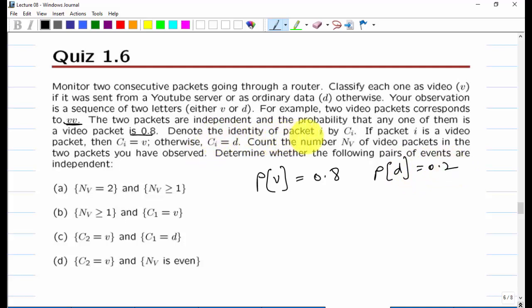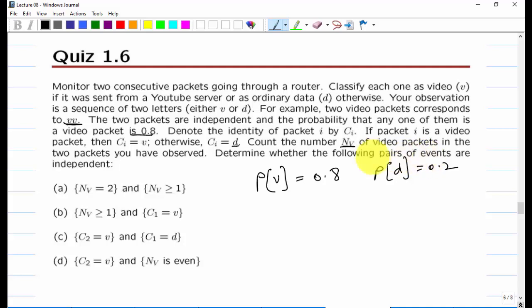Denote the identity of packet i by Ci. If packet i is a video packet, then Ci is equal to V, or otherwise Ci is equal to D. Count the number NV of video packets in the two packets you have observed.